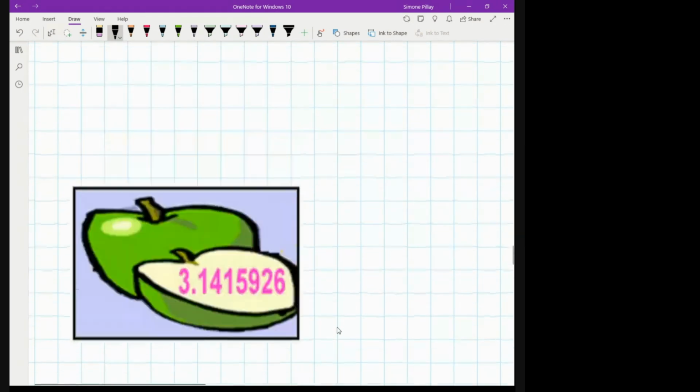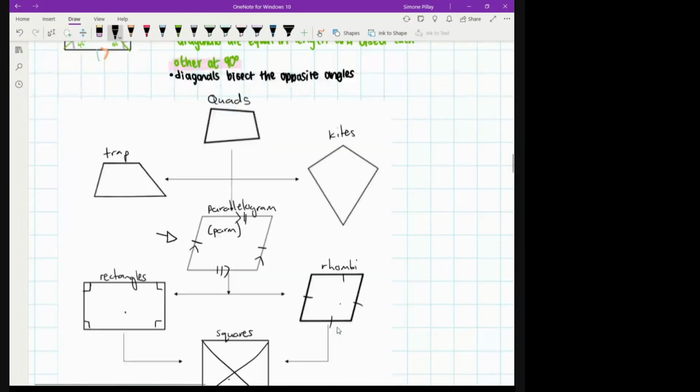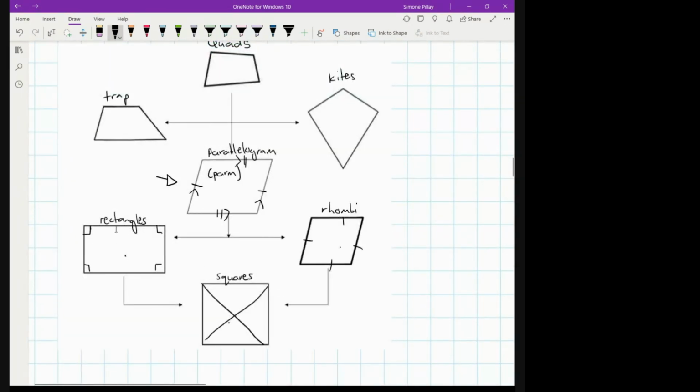Now, again, keep in mind, I know that rectangles also have opposite sides that are parallel. Squares also have opposite sides that are parallel. Rhombi also have opposite sides that are parallel. But remember, we can't say it's a square because I don't know if all four sides are equal. I don't know if my angles are 90 degrees, so I can't say it's a square.